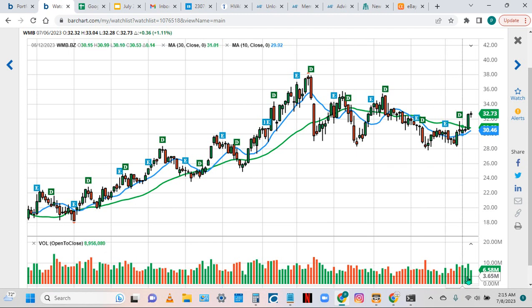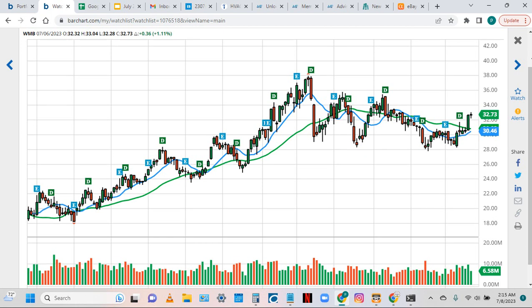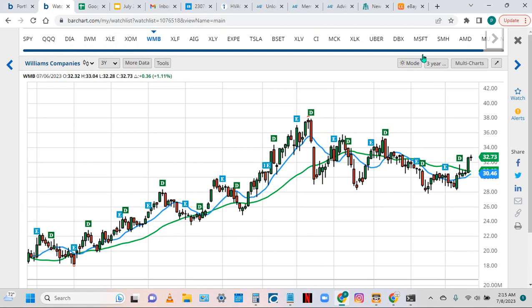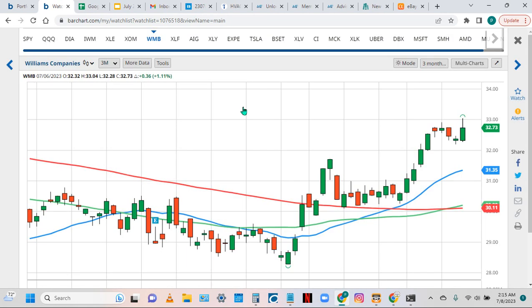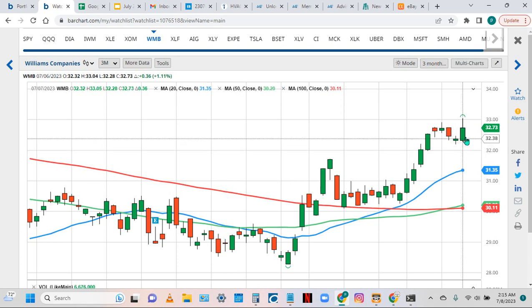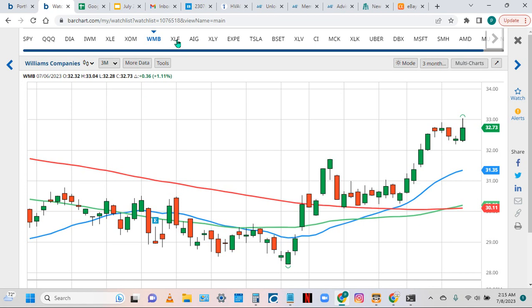One red week in the last 5 or 6. So Williams looks like it has a little bit of relative strength on a weekly chart. And if you look at a daily chart, it might look even stronger. So there you go. The markets were closing red on Friday. Williams showed some strength. So that looks like a possibility this week.